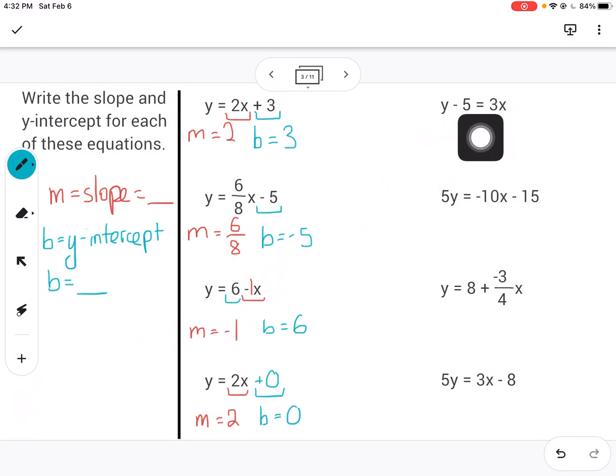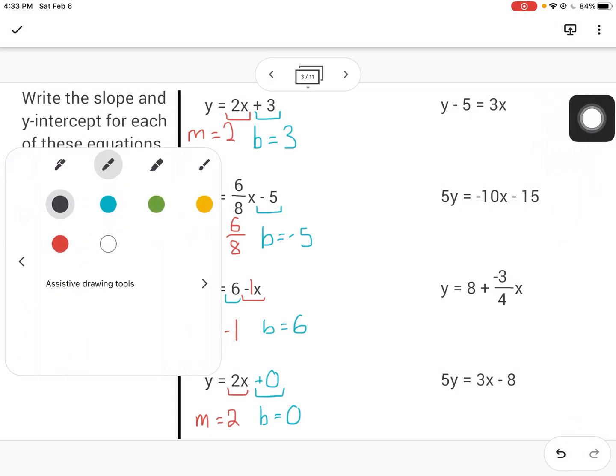Up here, we do have a y, but it's not by itself. Same for this one, and same for this one. So for these problems, we actually need to solve to get y by itself before we can figure out what our slope and our y-intercept is.